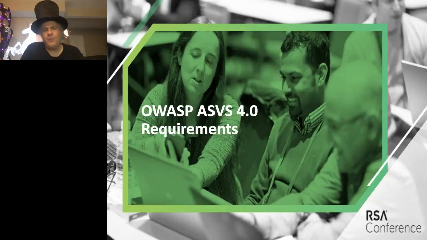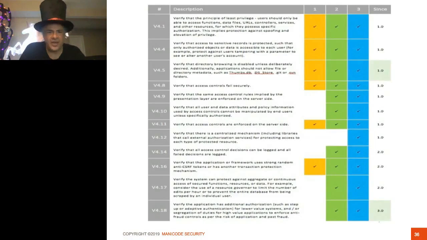And so I want you to also, after this presentation, please go look at the Application Security Verification Standard. We're on version 4.01 with 4.02 coming out soon in the 4.0 line. Here you see granular access control security requirements that you can consider for your app design.